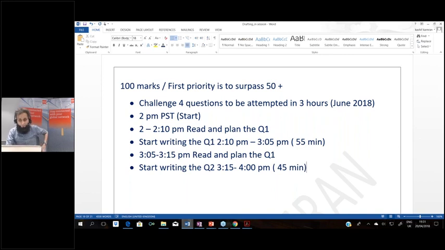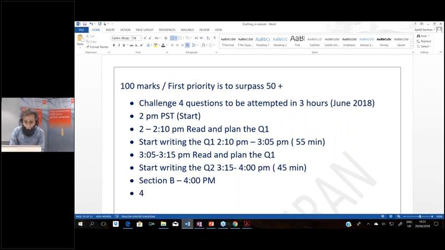And then at 4, you will come into section B. You need to enter section B at 4 p.m.